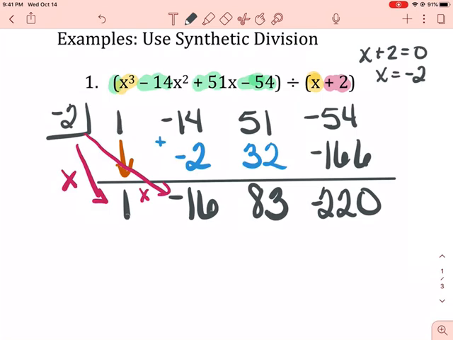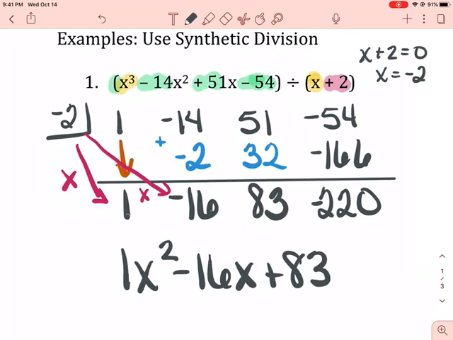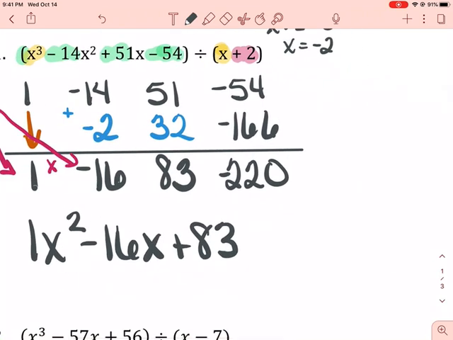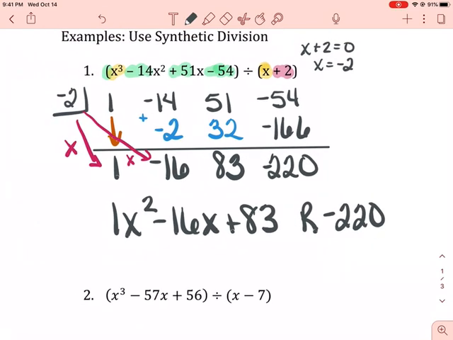So the 1 is the coefficient of x squared. It's always one lower than what you start with because we're dividing by a linear binomial. So our solution here is 1x squared minus 16x plus 83. And this last number is our remainder. You can write it r negative 220. That's perfectly fine. And that's the process.